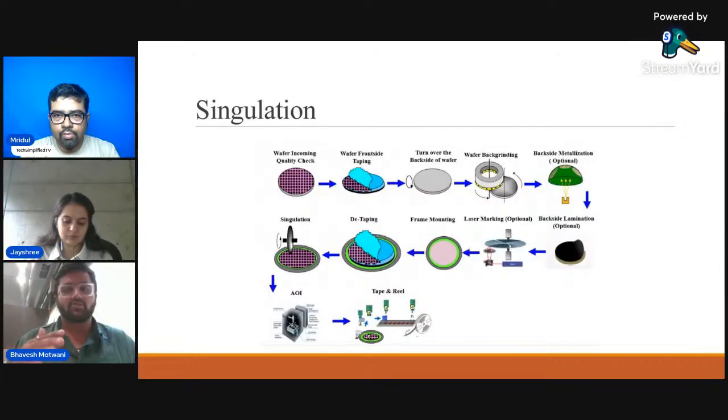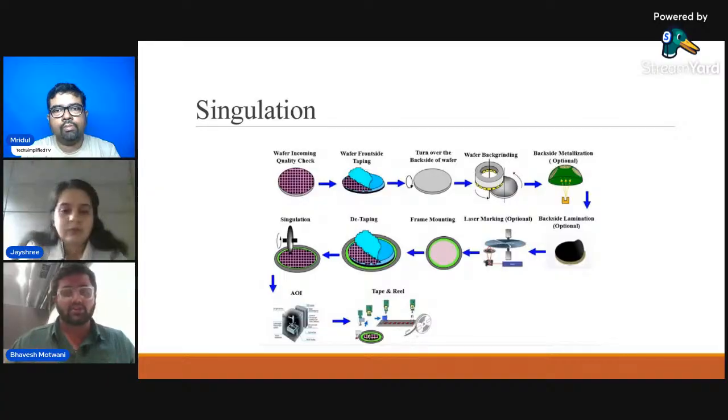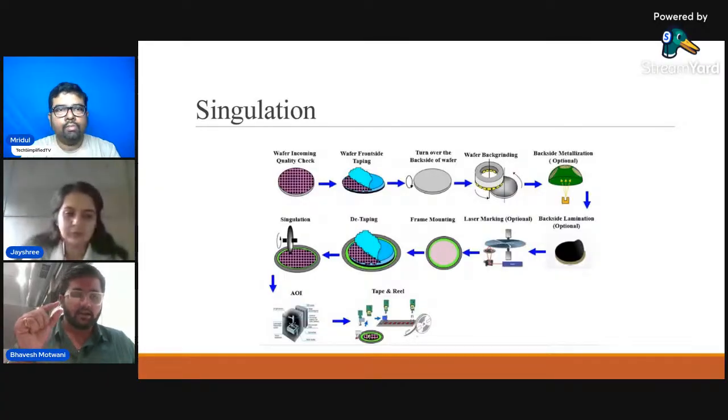So wafer polishing also has to be done. And then after that, we remove that lamination part, which is de-taping, and then we do the singulation, like saw it with a mechanical saw, and then we do the inspection of that specific package. So this is how we can do singulation.